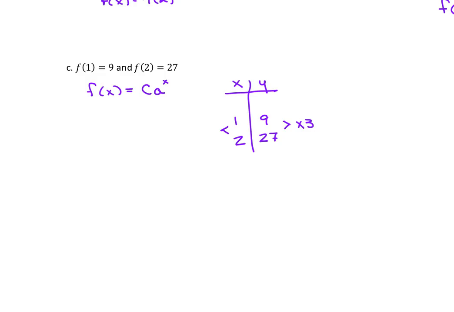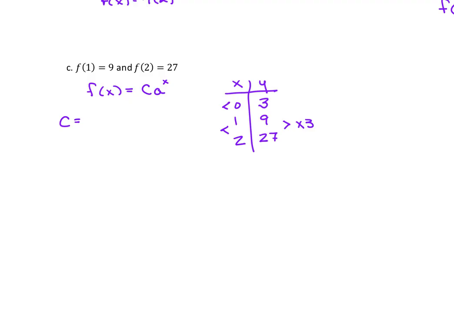And so all we're going to do is work backwards. If we decrease x by 1, we get 0. And if we're multiplying by 3 as we move down the table, then we want to divide by 3 as we move up the table. And so here, if we divide 9 by 3, we get 3. And that's enough to come up with our equation.